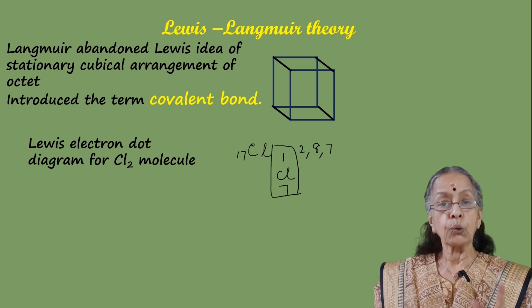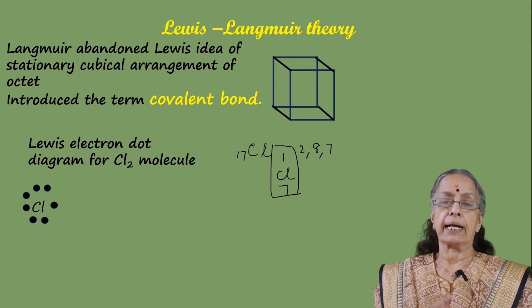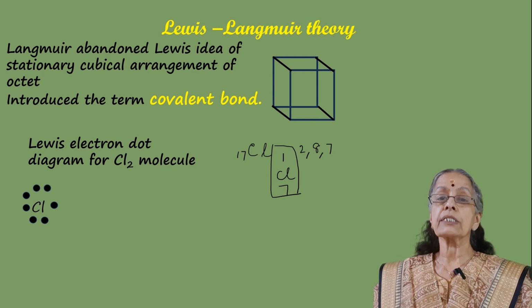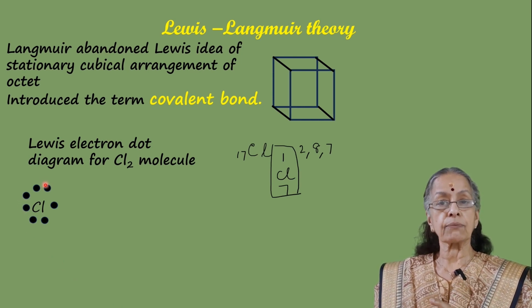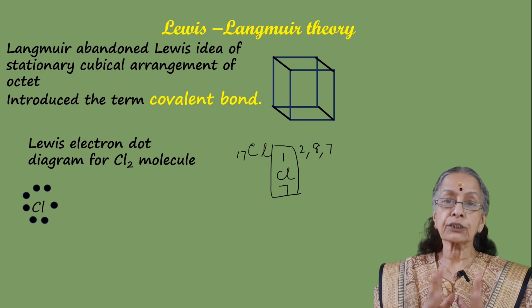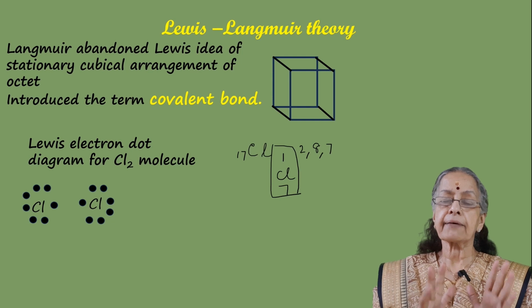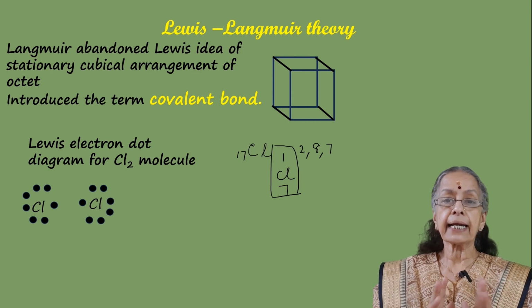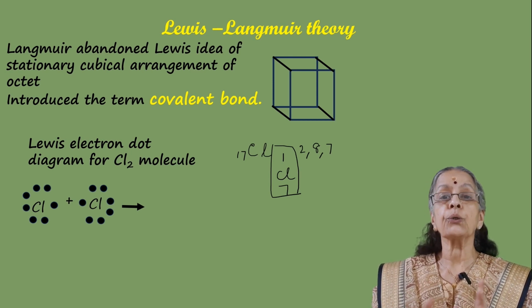This is the Lewis electron dot diagram for chlorine atom number 1. There are 7 electrons in the outermost shell: 2 plus 2, 4 plus 2, 6 plus 1, 7. This is the electron dot diagram for the second atom. It also has 7 electrons. When they combine, it gives rise to the chlorine molecule, that is Cl2.